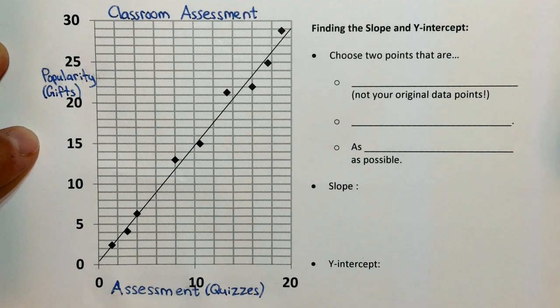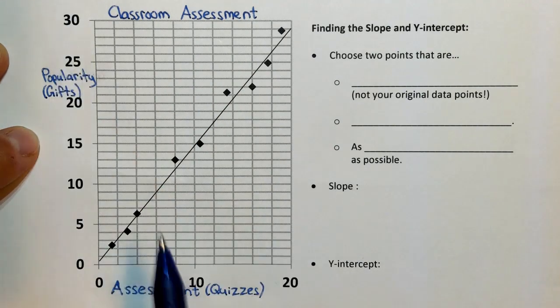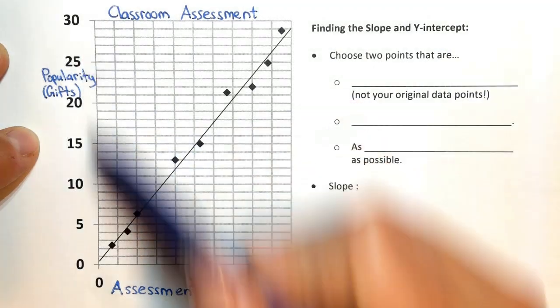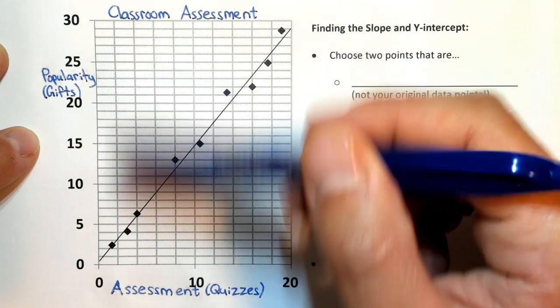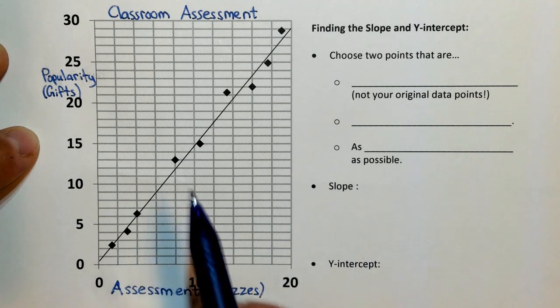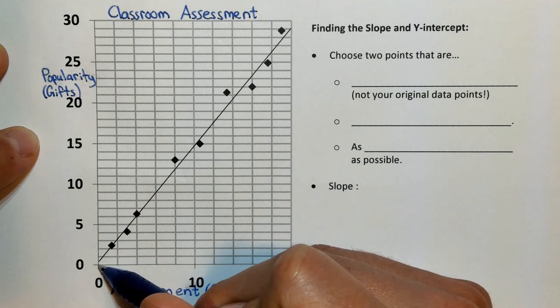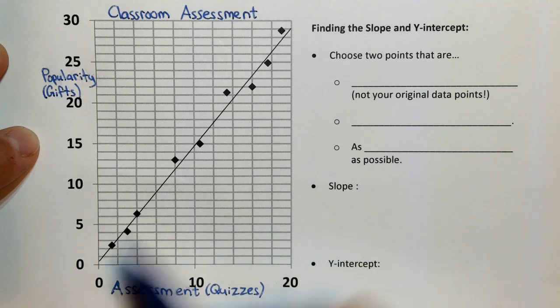Okay, so now I've got a title. I've labeled my x and y axes, including units. I've decided on a scale for my y and my x axes. I decided to use a scale where each square was worth 1 for the y-axis and each square was worth 2 for the x-axis.